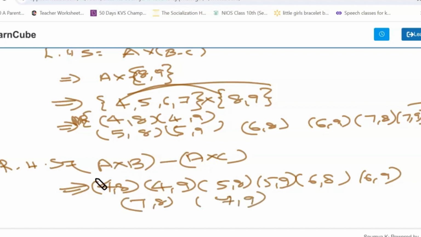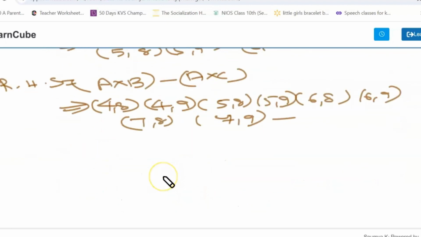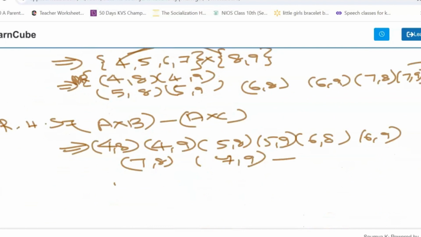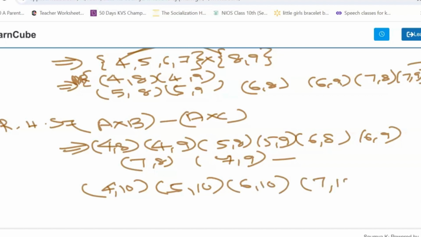These are the products of A cross B. Now let's do A cross C. In that case, you will have (4, 10), (5, 10), then (6, 10), and then (7, 10).